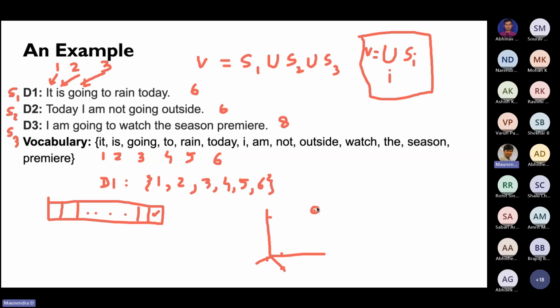So the very first, obvious choice is that each of these terms that we have, I think here we have how many? 14, 7, 8, 9, 10, 11, 12, 13, 14. 14 terms in the vocabulary. So each document we will represent as a 14-dimensional vector.